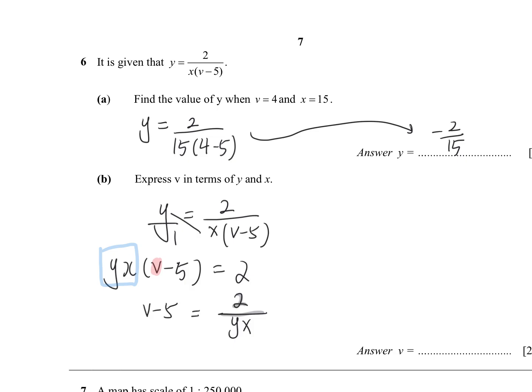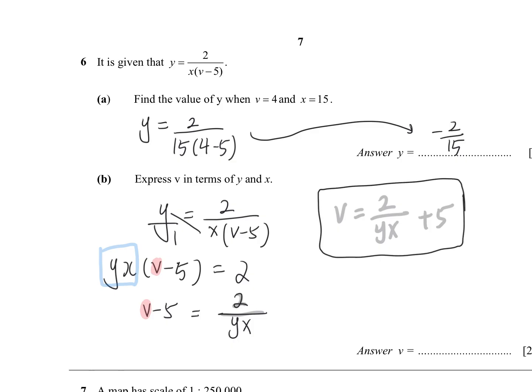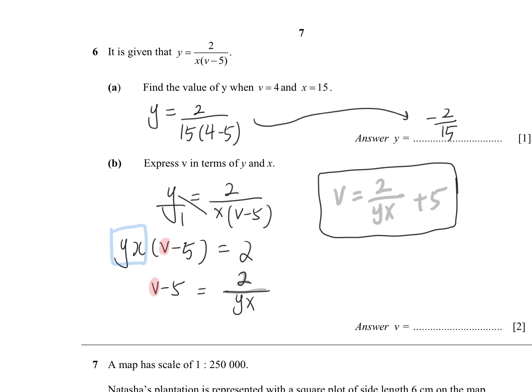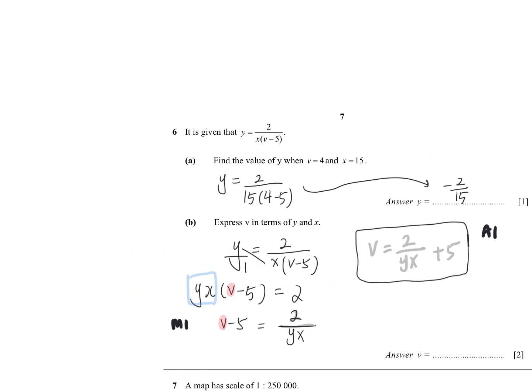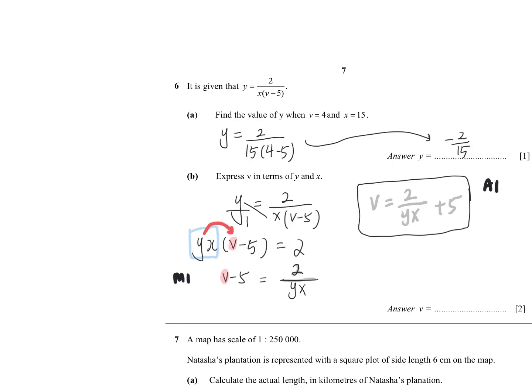So I only want this thing. So I shift the 5 over. So this is one answer. This is one answer. So where's the mark? If you isolate the V, you get the mark, and then this is the answer mark. Some of you did an expansion. So meaning what you do is, at this step, you go and expand.